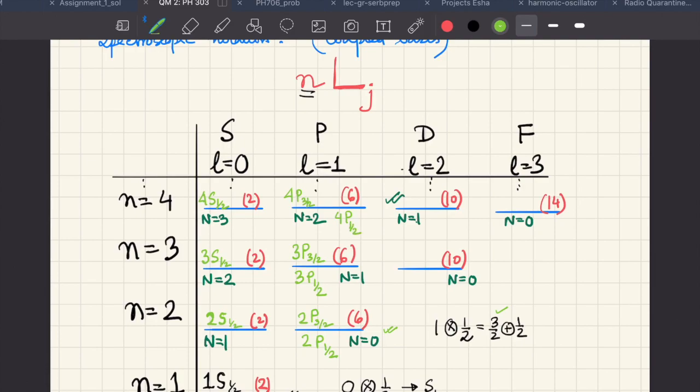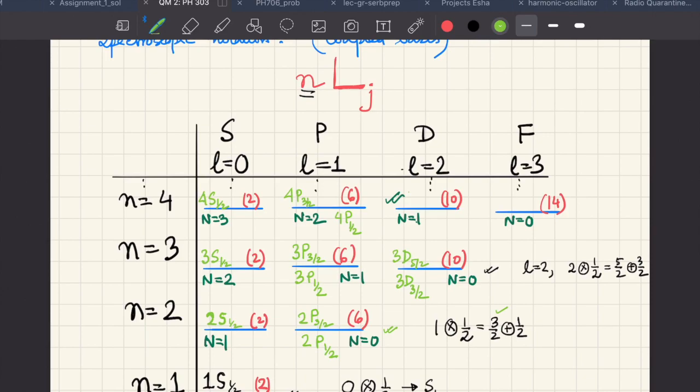Now if I come here to l equal to 2, n equal to 3, this level, then I have l equal to 2. That means we have a tensor product between 2 and half. This therefore is going to give me 5 by 2 direct sum with 3 by 2. So the notation here will be 3 for small n, D for small l equal to 2, and 3D 5 by 2 and 3D 3 by 2.